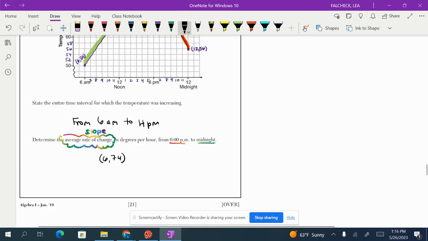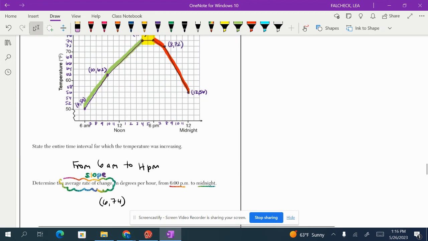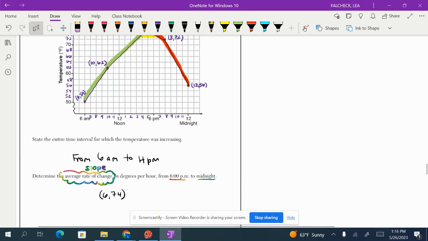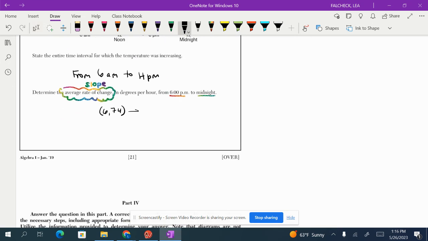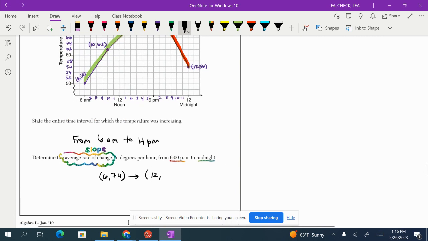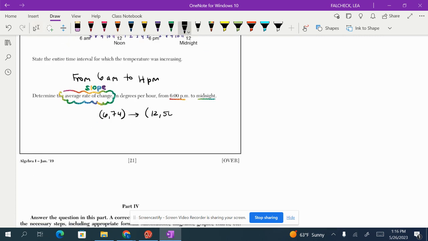And then at midnight, the temperature was 56 degrees. Okay. So we're determining the average rate of change over this interval. So let's go ahead and make our little f of x chart. We're going from (6, 74) to (12, 56).